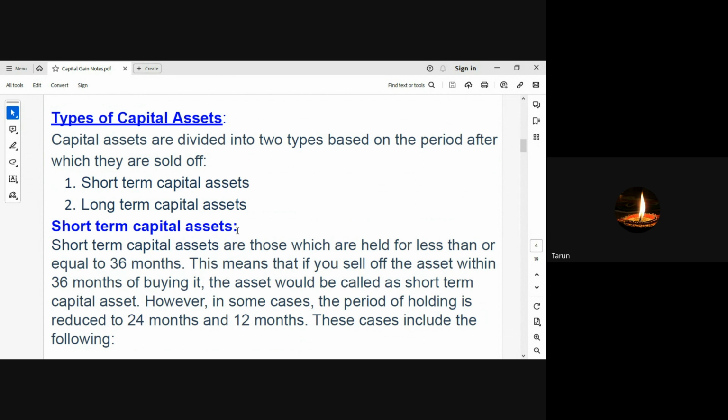If any asset that you have obtained, owned, or used for more than 3 years, it is termed a long-term capital asset. For example, if you sell the asset within 3 years, it is a short-term asset. In some cases, the period of holding is reduced to 24 or 12 months, so that is also considered a short-term capital asset.